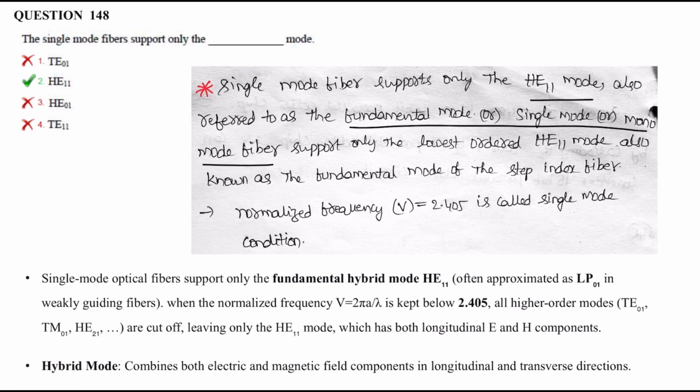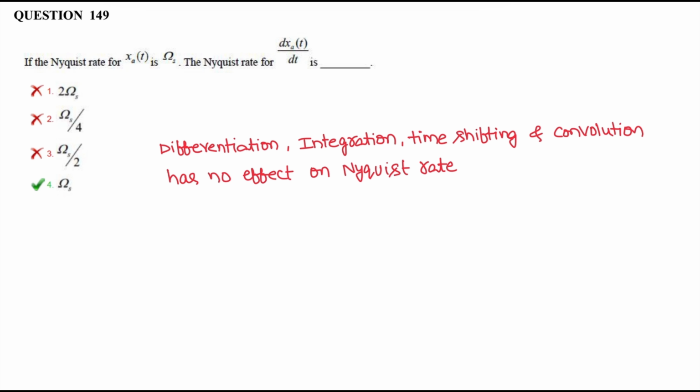This hybrid mode contains both electric and magnetic field components in longitudinal and transverse directions. Correct answer is option 2. TE01 is transverse electric, HE01 hybrid mode, TE11 transverse electric, and the fundamental hybrid mode is HE11.